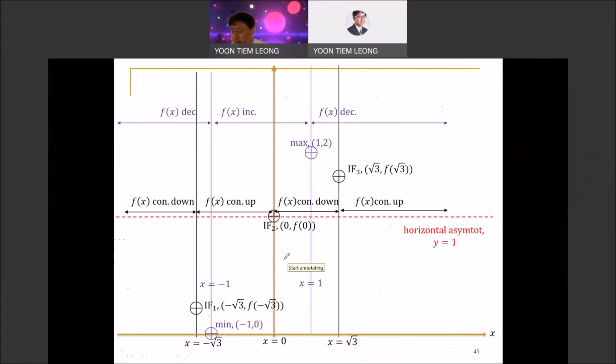So how do you start sketching the graph? First of all, you have to understand the graph is supposed to be continuous. So let us start from somewhere. Okay, so let us start from region 3, and let's see how we sketch the graph of region 3.